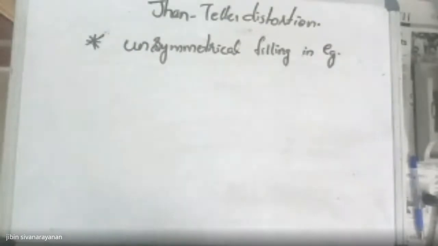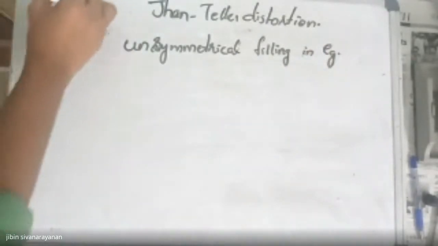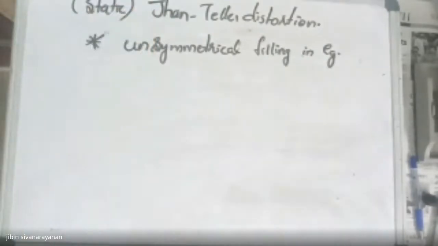We are mainly focusing on the eg orbitals. I am talking about static Jahn-Teller. Static Jahn-Teller means which is permanent, not dynamic. Unsymmetrical filling in the eg orbitals.